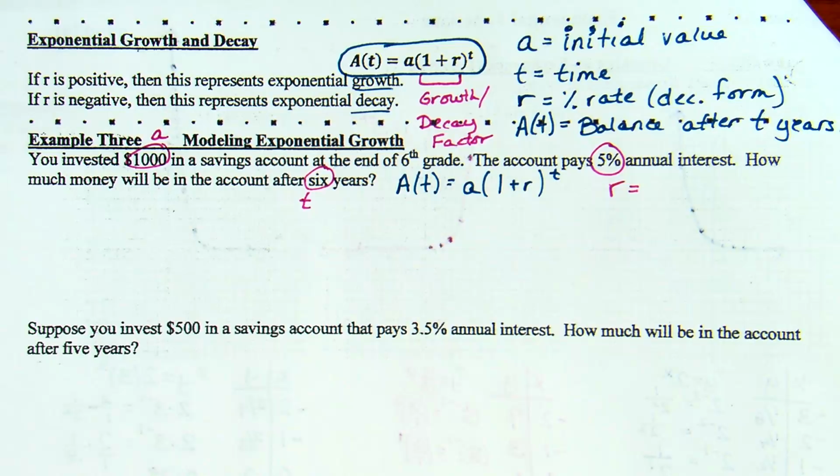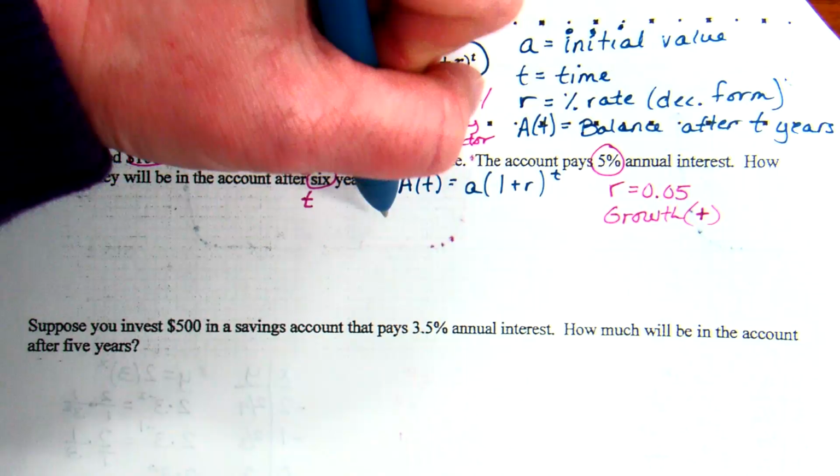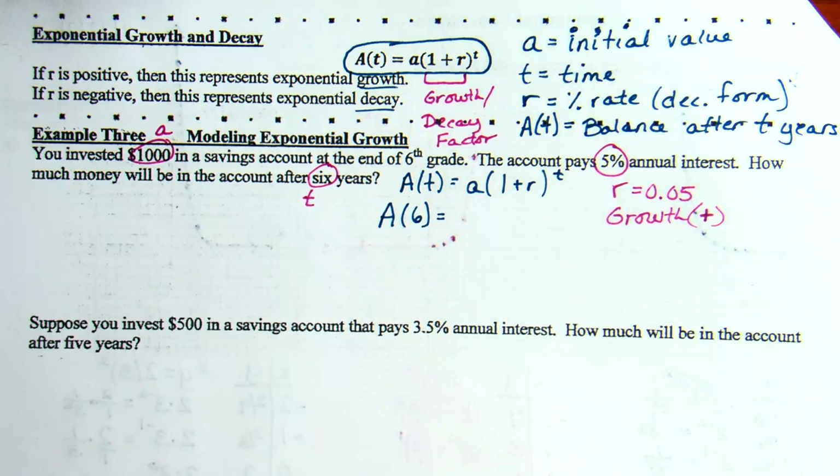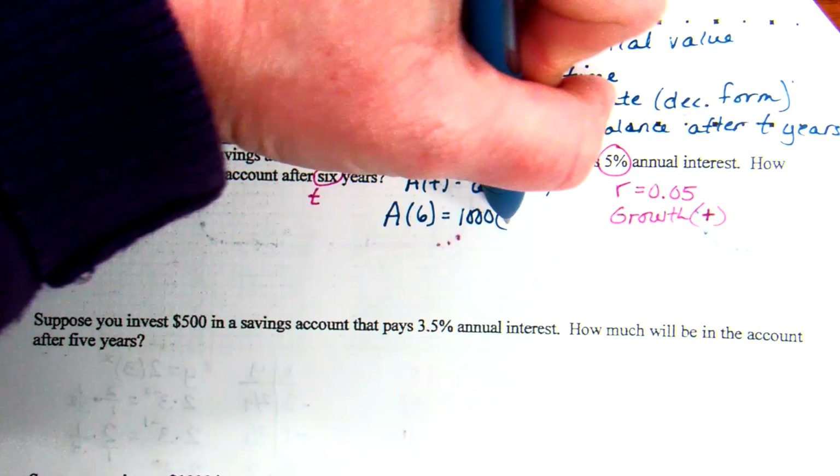So, fill in our equation. A of t, so I'm really going to write this as A of, what are we trying to find? 6. We're not going to do anything with that 6. We're trying to find the amount in the account after 6 years. So, what's little a? 1,000. 1.